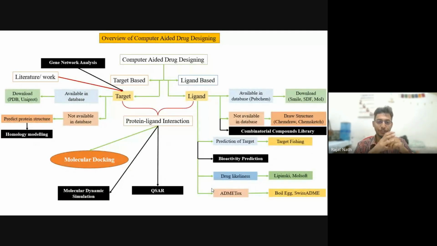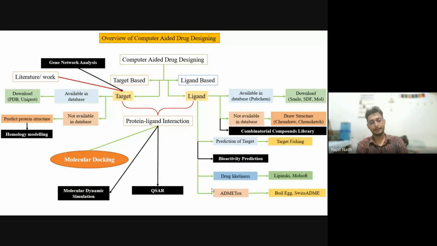Okay, so that's why we do the QSAR. So this is the brief overview of computer aided drug designing, what we do to complete a drug designing study from starting to ending. Okay.